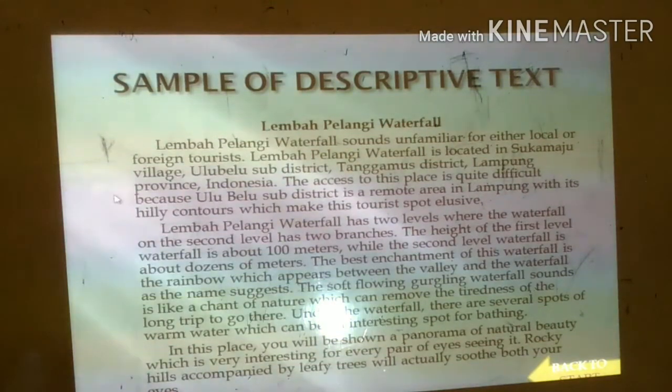This is an identification of the object. So this is identification, and the second and the third paragraph are about the description of the object. So it is description.